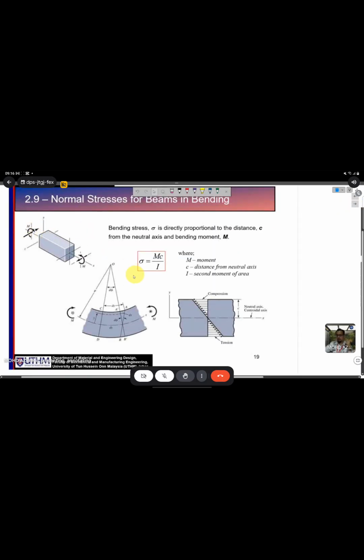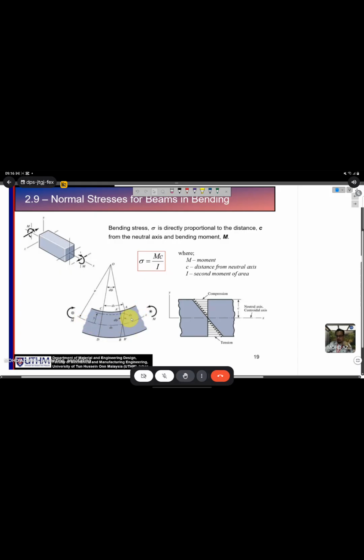And then for the bending, if you want to calculate the stress, it is MC over I, where M is the bending load, and C is the distance from the neutral axis. If you look here, this is the neutral axis.